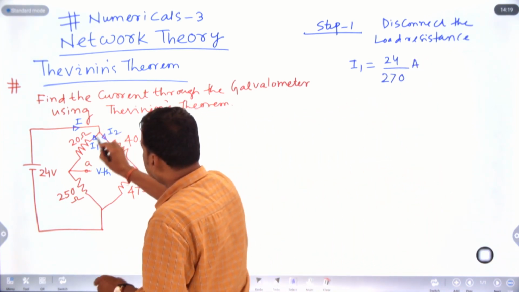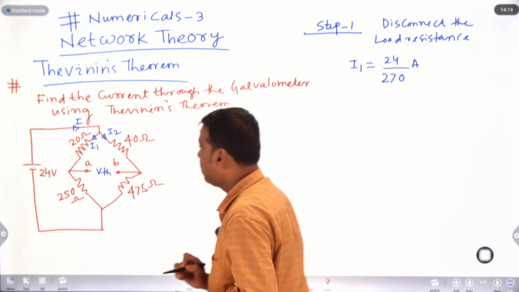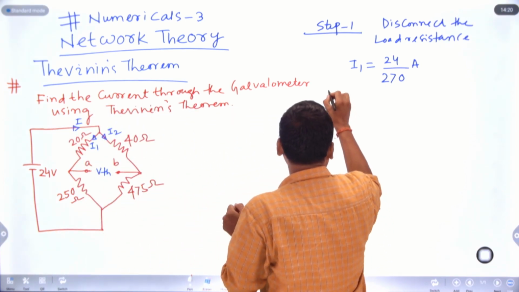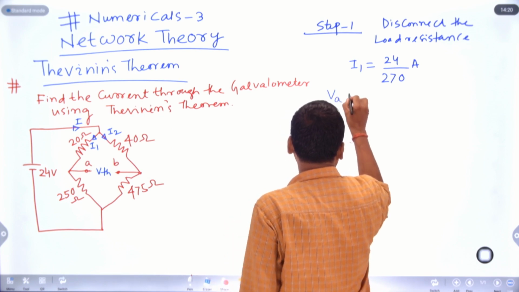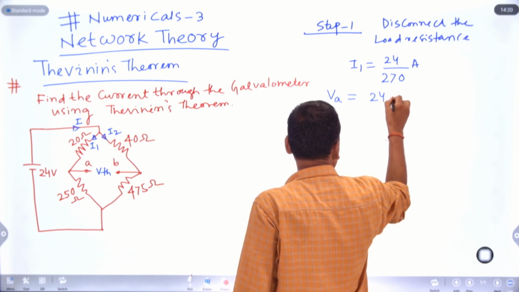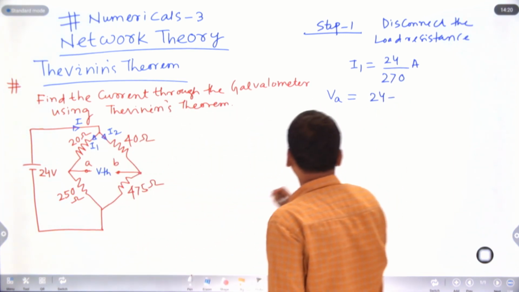This is your I1, and these two are in series. We are going to calculate this potential, that is VA. VA, the potential at point A, is 24 volt minus 20 into I1.